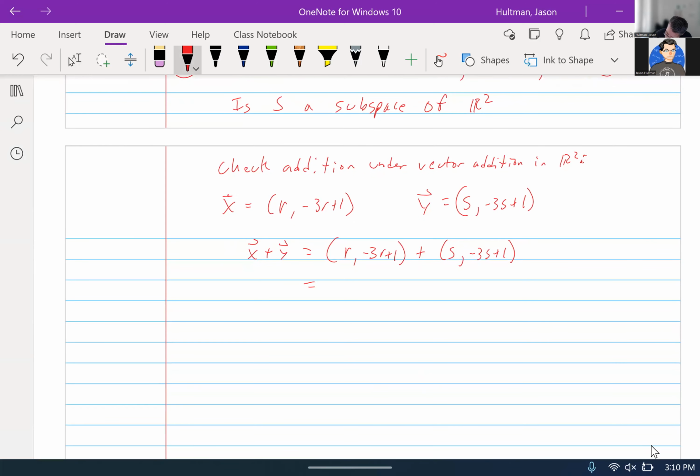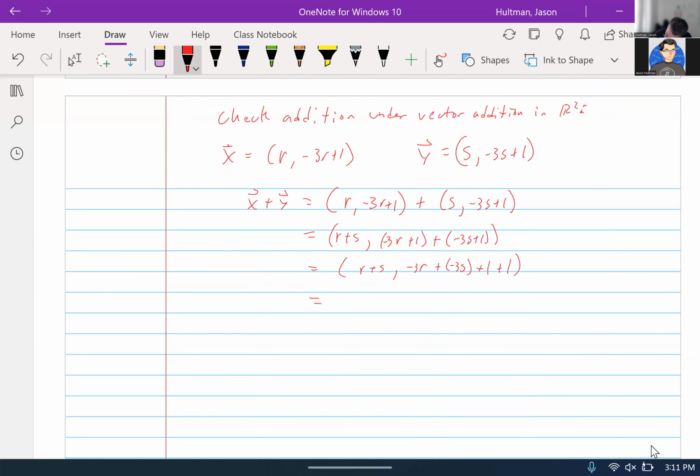That's going to be equal to R plus S, and then negative 3R plus 1 plus negative 3S plus 1. That's equal to R plus S, and then negative 3R plus negative 3S plus 1 plus 1. So this is equal to R plus S, and negative 3 times R plus S, plus 2.